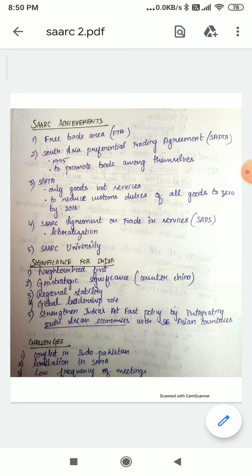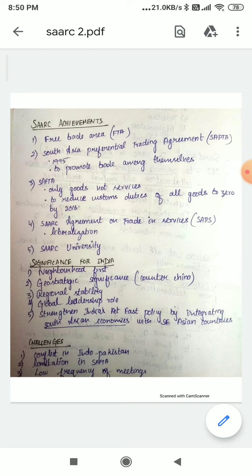Second, there is something called geostrategic significance. For example, China is involved in the Belt and Road, One Belt One Road initiative, right? In order to counter that, we can engage with the other neighborhood countries in this SAARC grouping. We have Nepal, Bhutan, Sri Lanka, and the other countries.